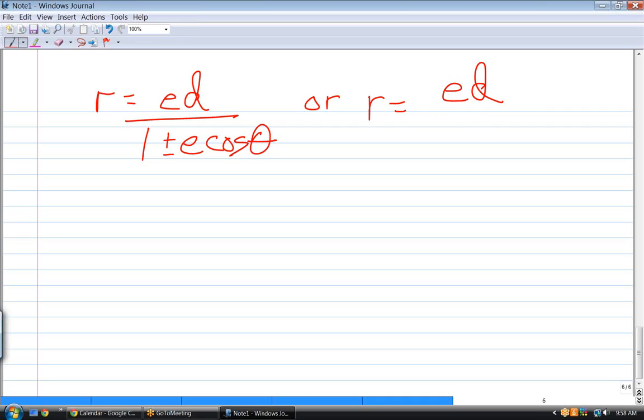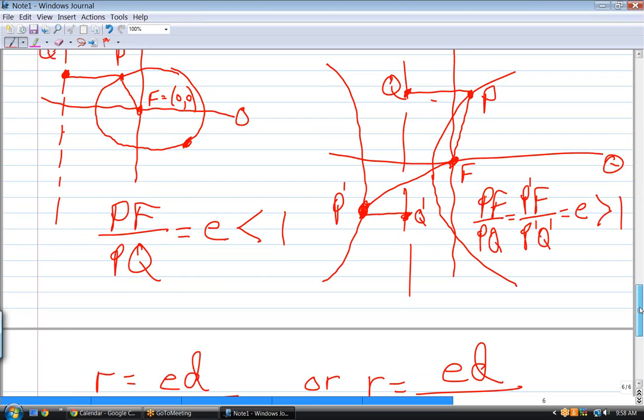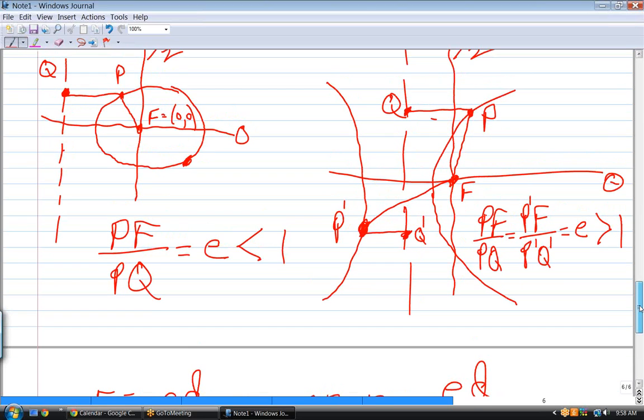E is the eccentricity, and D is the distance between the focus at the pole and its corresponding directrix. In other words, D is the distance between the focus at the pole and its directrix. So D would be this.